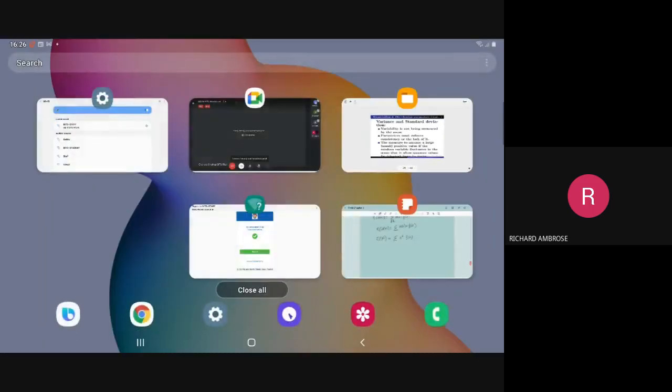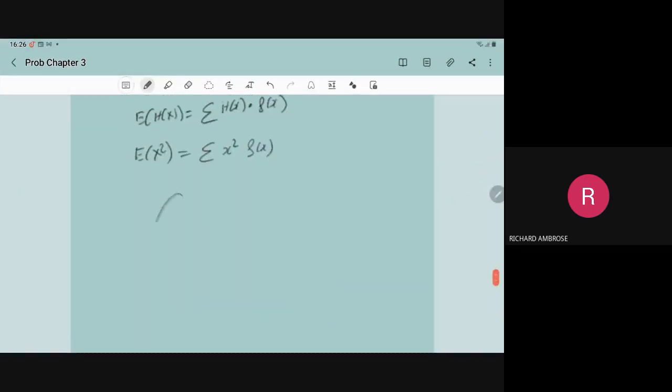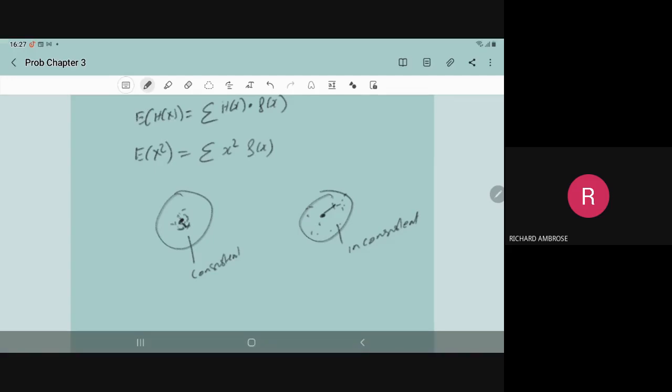If I have two situations, and for both we have the mean at the same position, here the observations are clustering around the mean, and here they are spread out. So here we have near observations, and here we have far observations. For this we say it is consistent, and this is inconsistent. That you can measure with the help of the variance.